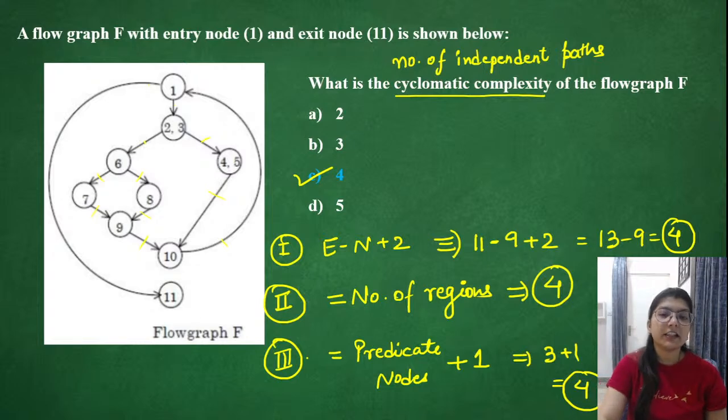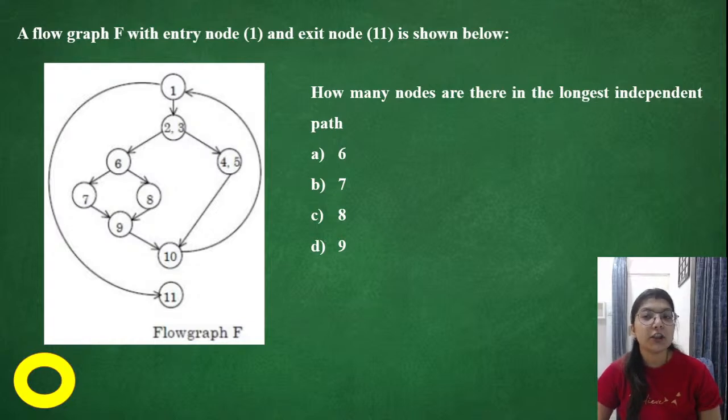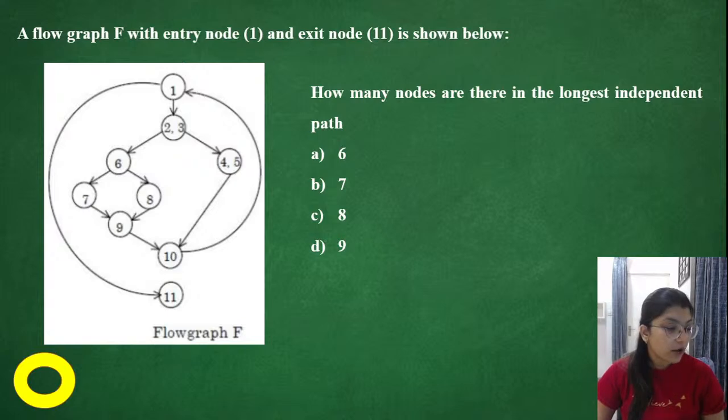Okay. So these are the formulae for finding the cyclomatic complexity. You can use any of the formulae and with that you can find the cyclomatic complexity of the given flow graph. Next question from the same is, how many nodes are there in the longest independent path? Right now we have just found that there are 4 independent paths.